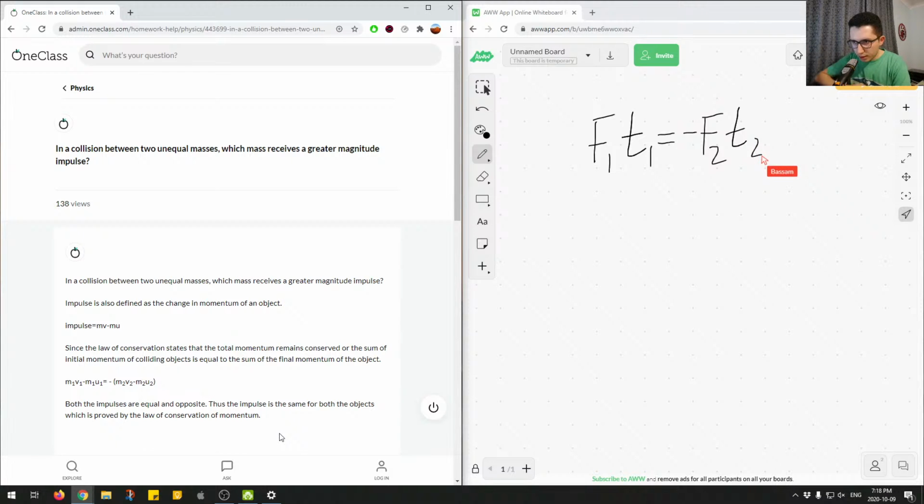We know because of Newton's third law of motion that for every action force there's an equal and opposite reaction force. Equal and opposite meaning the same magnitude but in the opposite direction. We know that this force will have a negative. Let's say we define a final velocity and an initial velocity.